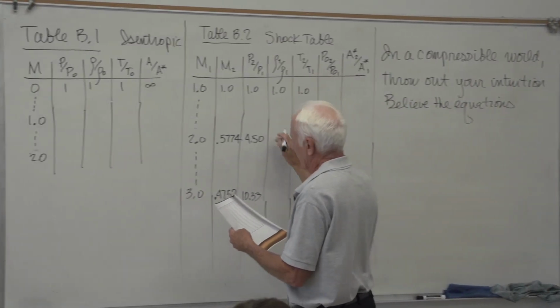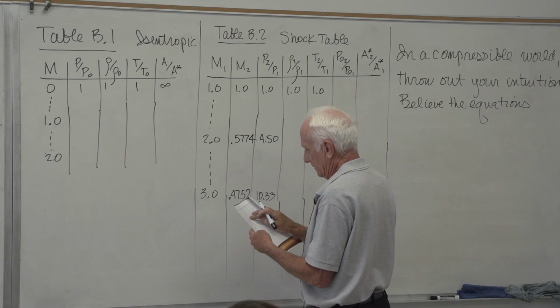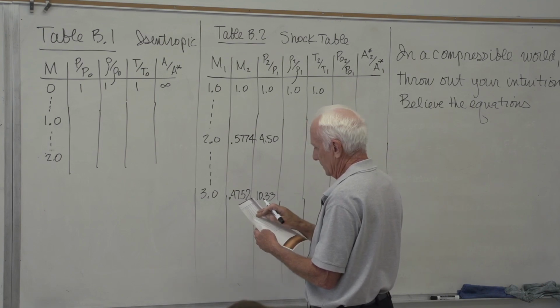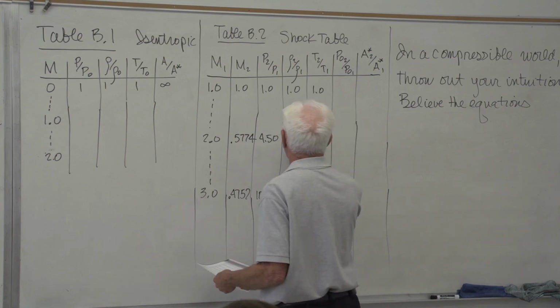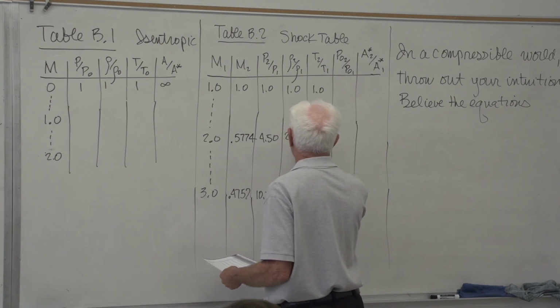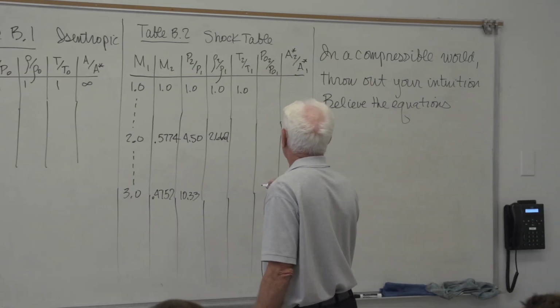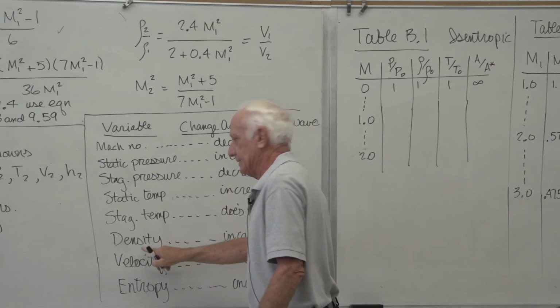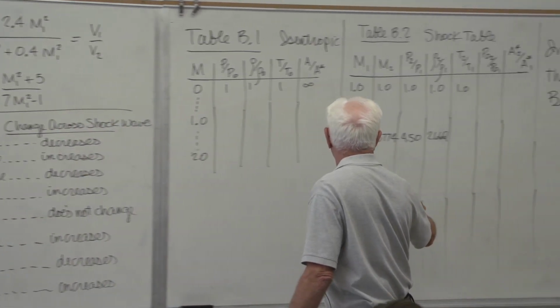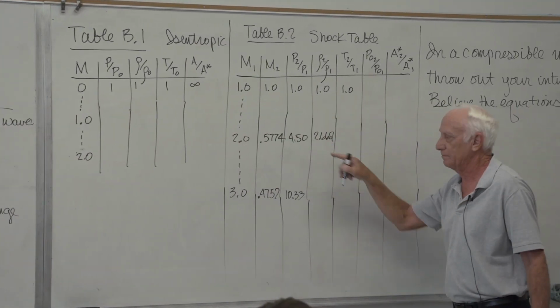Density 1. Density at a Mach number of 2. The density is 2.6667. Okay. The density increases. Oh yeah, the density, yeah, it increases from 1 to 2.667.